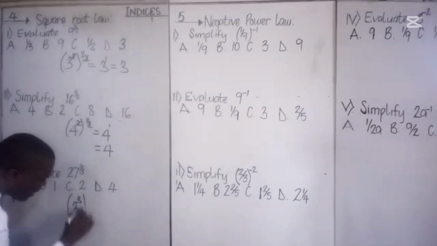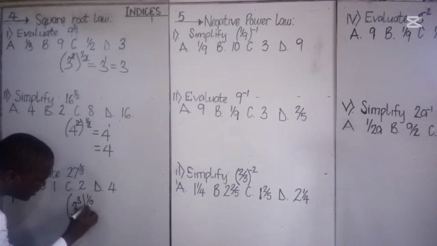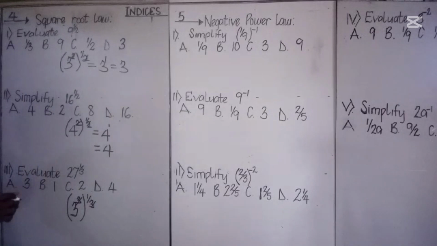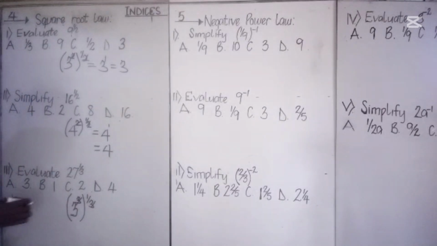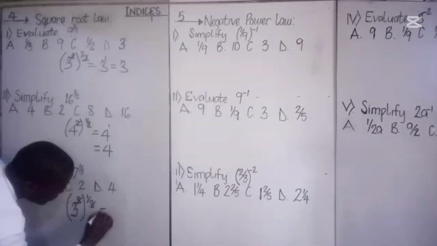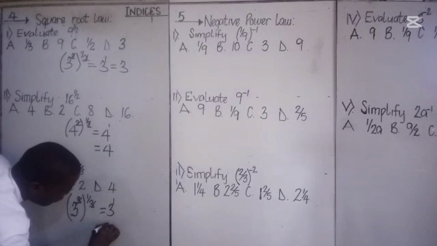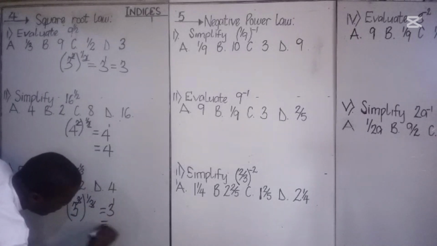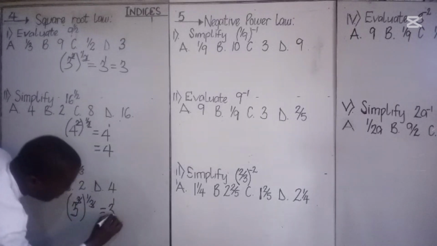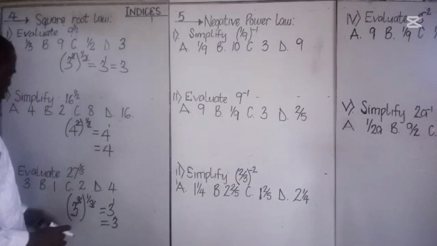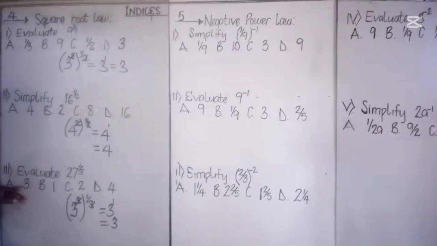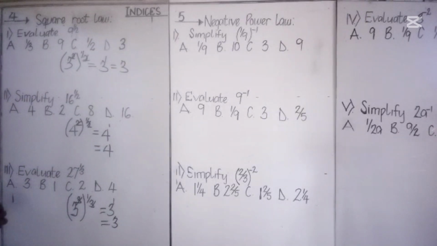And then the old power is 1 over 3. The new power can interact with the old one, and then it cancels it out. So we now have our answer to be 3 raised to power 1. And any number raised to power 1 is that number, which is 3. So the most appropriate option here is option A.